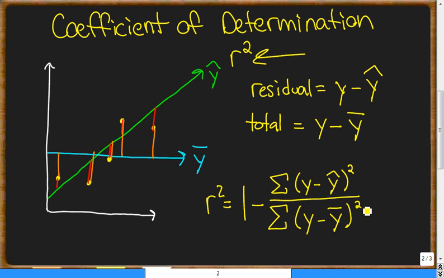So the theory here is that the smaller our residuals are in comparison to the mean, the larger r squared will be.